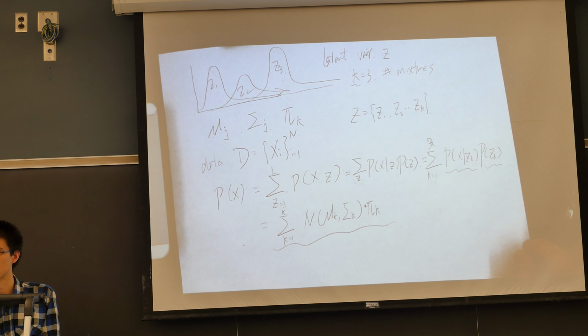So when you write Z1, 2, 3, this is actually the latent data. If you write 1 to k instead of Z1 to Zk, they're just the same. They are both referring to the latent variable.